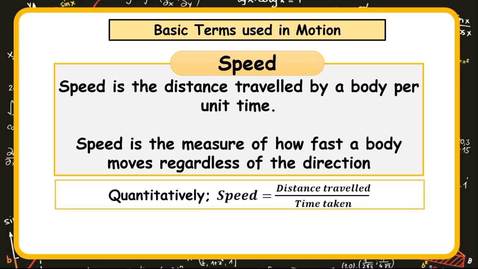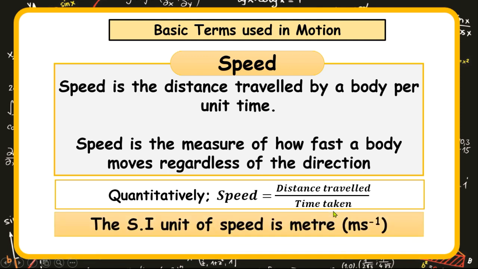But note that quantitatively, mathematically, speed is said to be equal to distance traveled over time taken. And the SI unit of speed is meters per second. So note this very well.